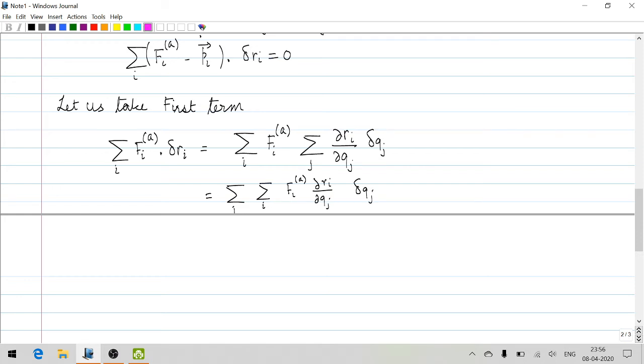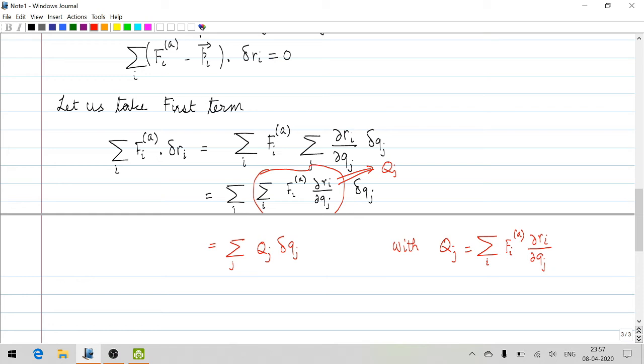Now this particular quantity here, I call this Qj, and therefore this whole term becomes summation over j, Qj delta Qj, with Qj being summation over i, Fi dou Ri upon dou Qj.